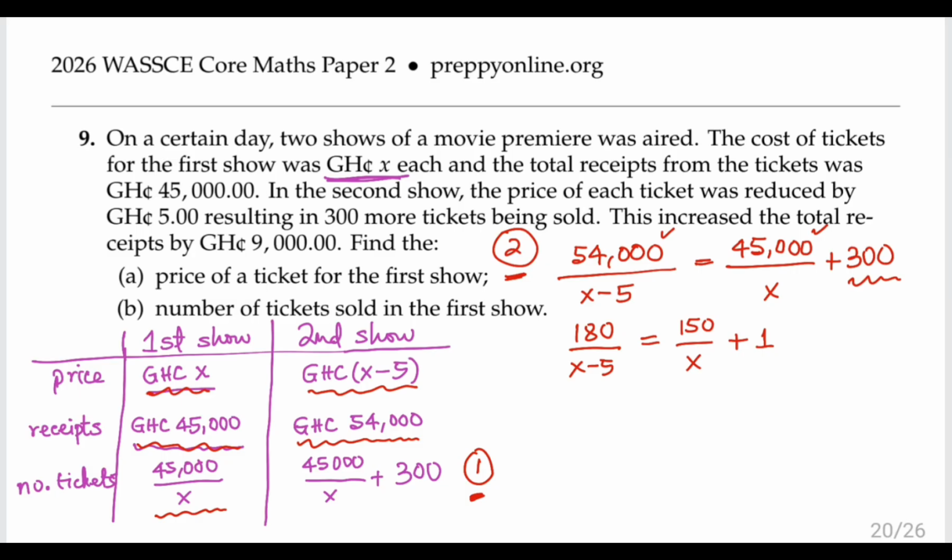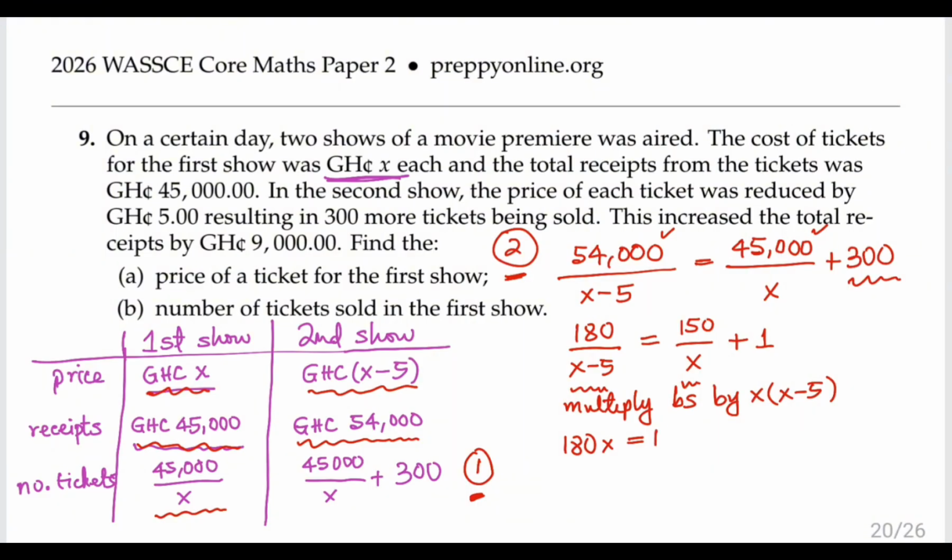So then we can multiply both sides by the product of the denominators. So this x minus 5 and this x, we can multiply both sides by x times x minus 5. Now when you multiply this by that, you get 180x here.